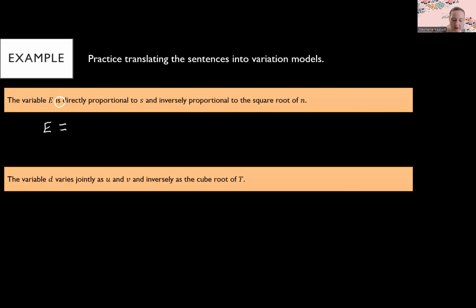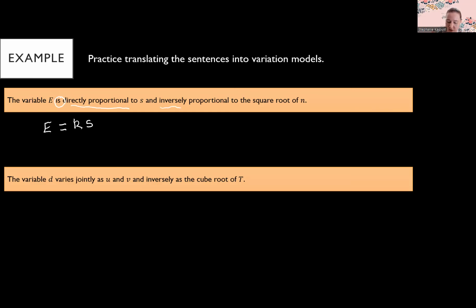And you're always going to have K in here, so you can just put your K after the equal sign, just so you don't forget it. We've got directly proportional, so that says that everything is being multiplied, so it's going to be K in front, and then what follows is going to be multiplied.